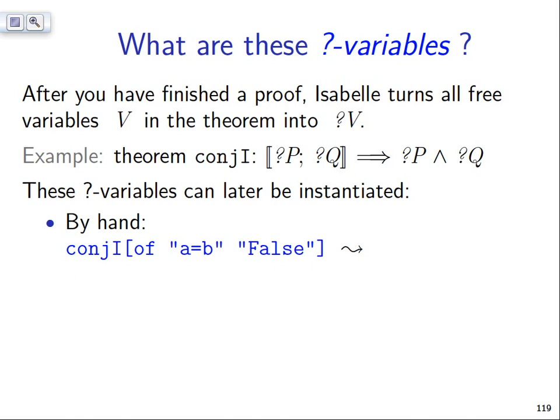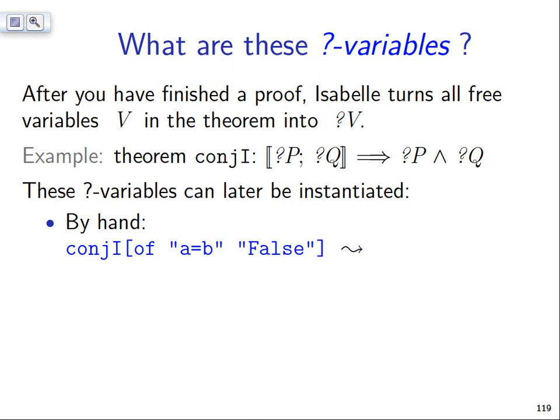So now the question arises, there are these two question mark variables, P and Q, which one is substituted by which of those two formulas? And here the rule is simply that you go through the theorem that you're instantiating from left to right and instantiate the variables as you encounter them in this left to right traversal.